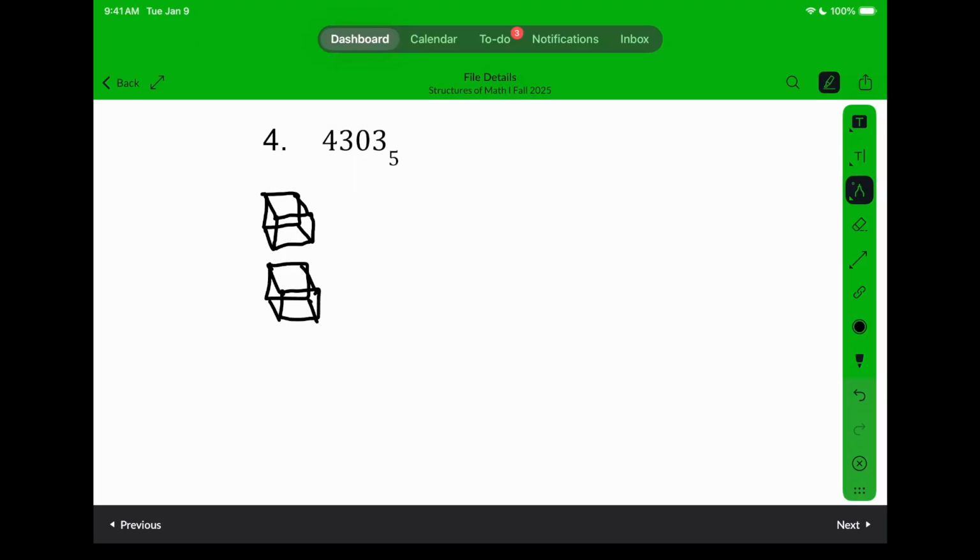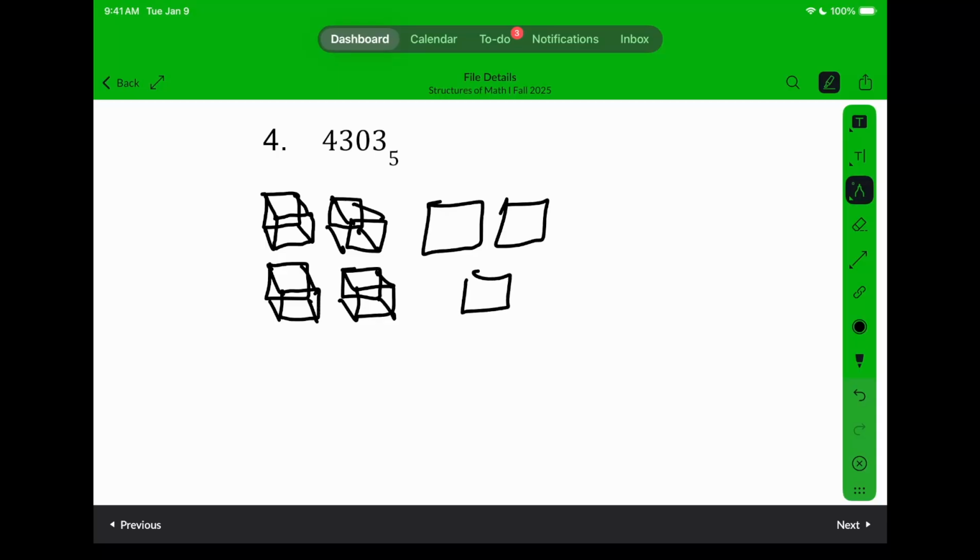That one was kind of terrible. Okay, 4 cubes, and then 3 flats, and then 0 longs, and then 3 units.